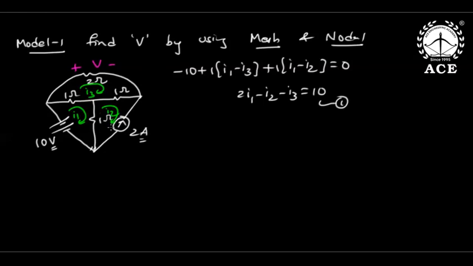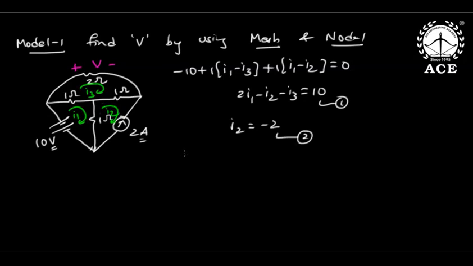In such a case, you write a comparison equation. I took current I2 clockwise, but the actual current is 2 amperes, opposite to my direction. So I2 is minus 2.